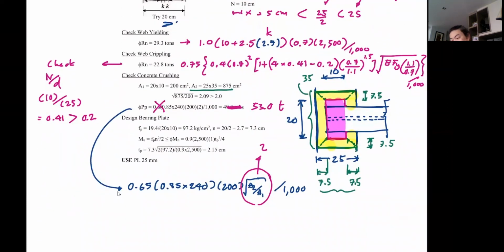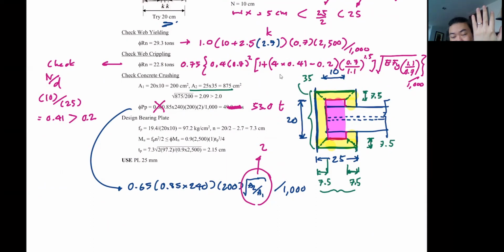Okay. In fact, in theory, now we use the size of the plate that leads to the A2 being more than 4 times A1, that means the size of the plate is slightly too big because it doesn't give any benefit, correct?